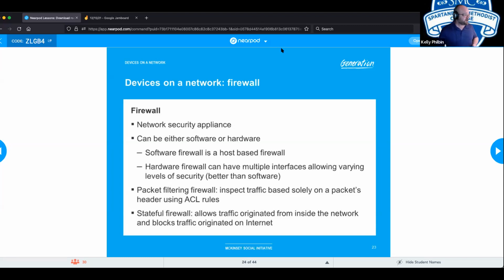Does anybody remember what typically a firewall uses to determine whether or not to allow communication through? Yes, Cynthia. The access control list. Excellent. Can you give me a basic description of what that is?